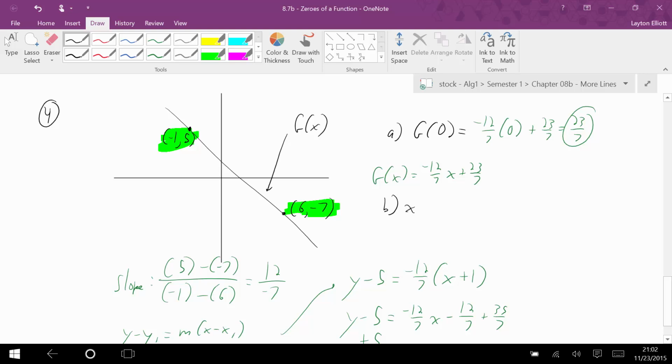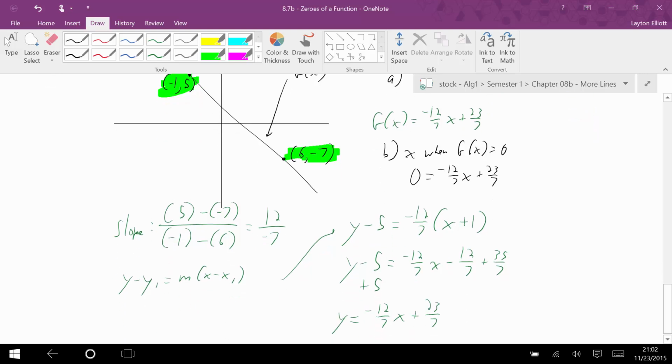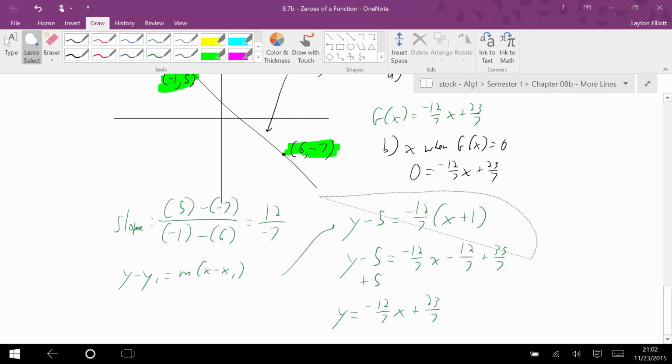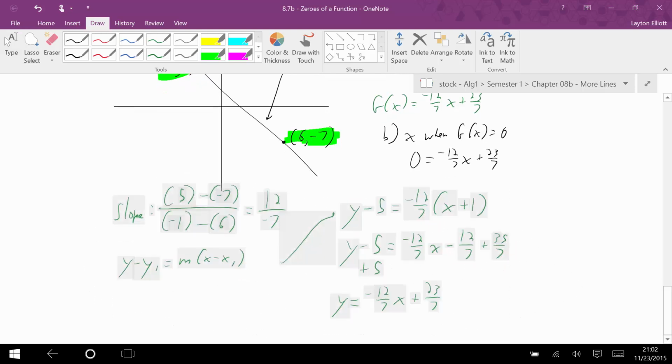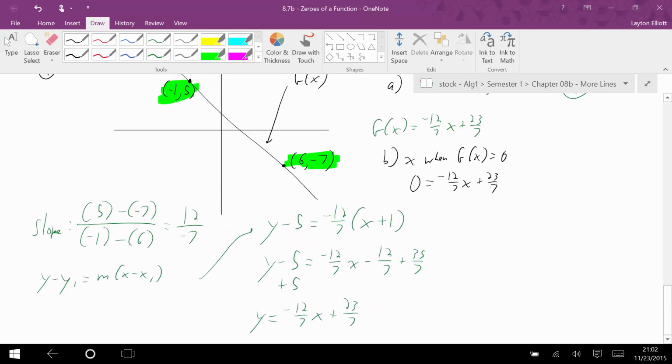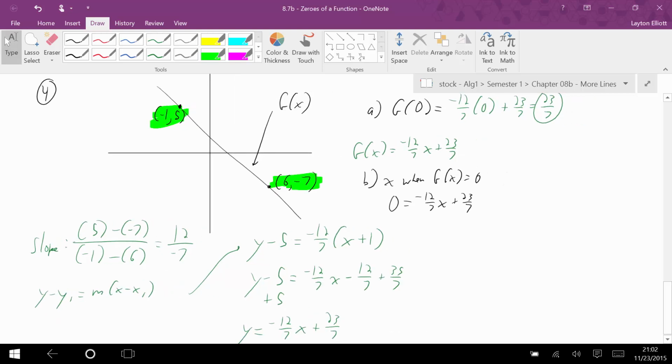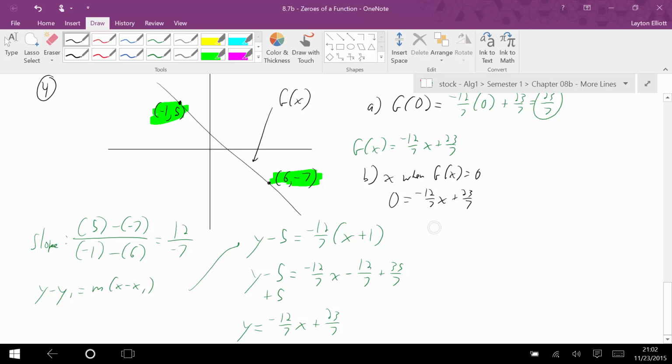Now for part B, x when g of x equals 0 is a little bit harder. I'm going to say 0 is equal to negative 12 sevenths x plus 23 sevenths. I'm going to slide some of this stuff out of the way so I can have a little bit more space. And I don't like those 7s, so I'm going to multiply both sides by 7.